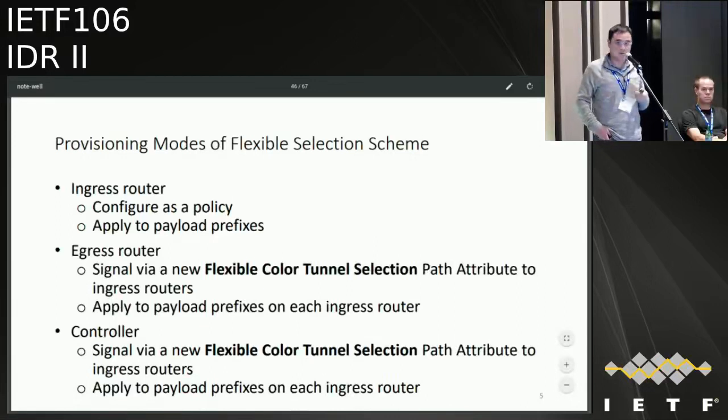Here we're using a new path attribute called the flexible color tunnel selection path attribute. And then on each ingress router, we apply the scheme to the associated payload prefixes. Similarly, we have a third mode called controller provisioning mode, where the controller will signal the scheme by using the new path attribute to ingress routers, and then on each ingress router we apply the scheme to the associated payload prefix.